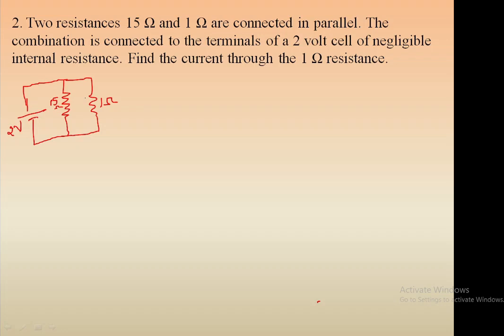To find the current through the 1 ohm resistance, first we have to find the total current that is flowing through the circuit.